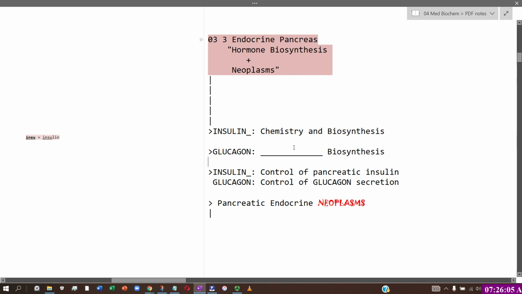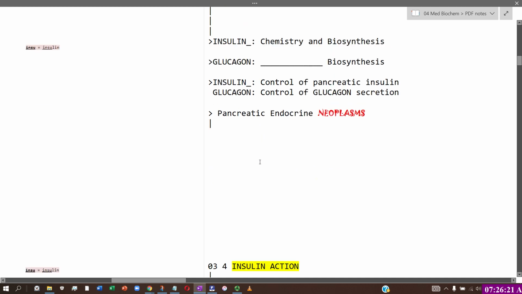With glucagon, there is no emphasis on its chemistry, just on its biosynthesis. Then we have insulin and glucagon: the control of pancreatic insulin, and the control of glucagon secretion. After that, we have pancreatic endocrine neoplasms, so neoplasms of the pancreas.